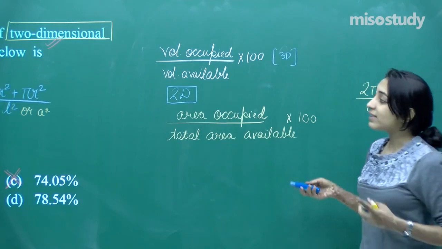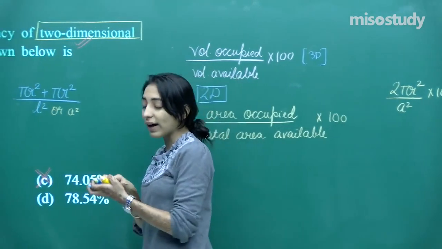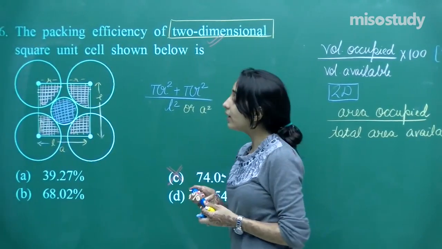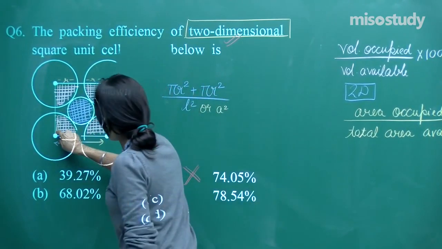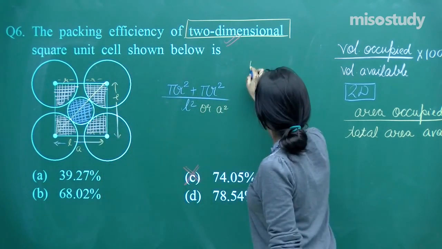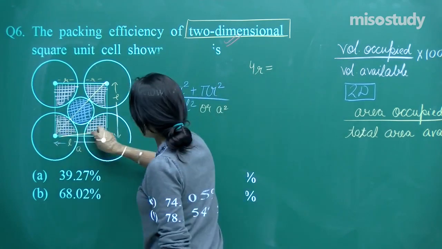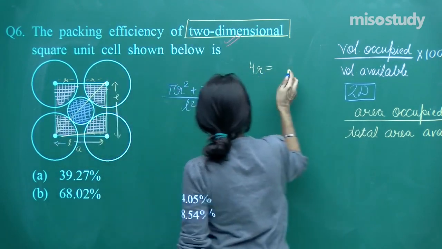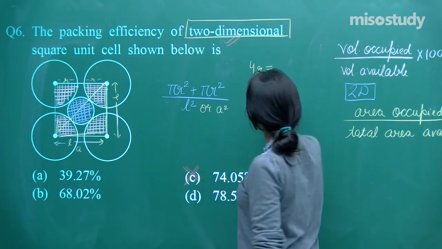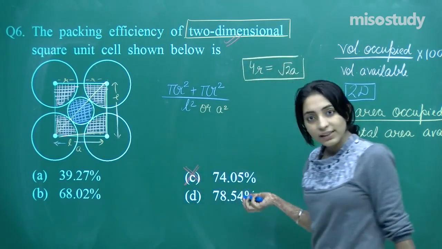Okay. Now guys, again we need to find out the relationship between A and R. If you need to find the relationship between A and R, can you simply say that R plus R plus R plus R, that means 4R, will be equal to the square root of A square plus A square, that is root 2 A. I have used the Pythagoras theorem again.